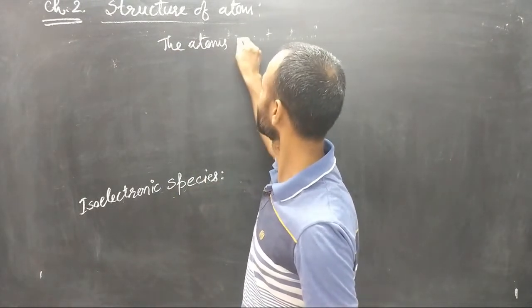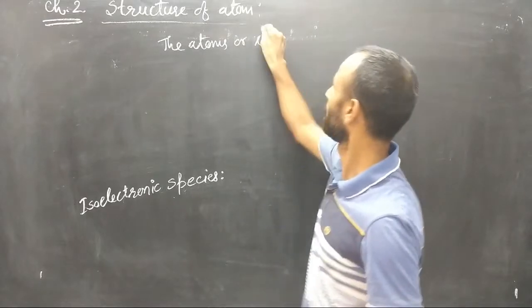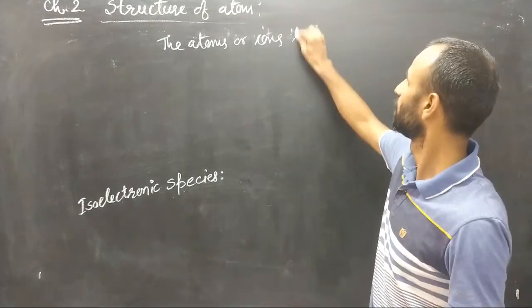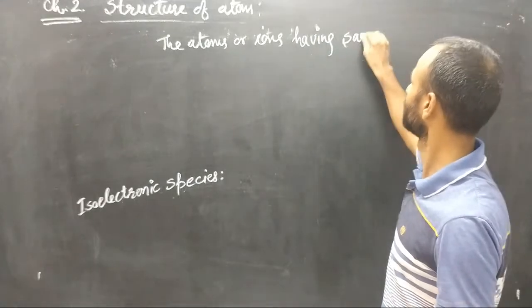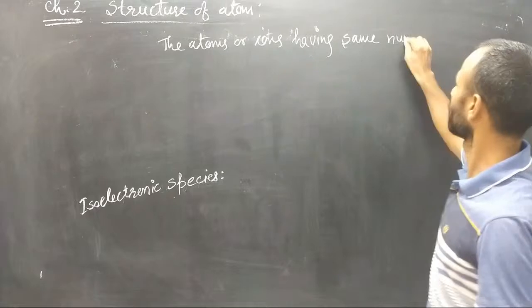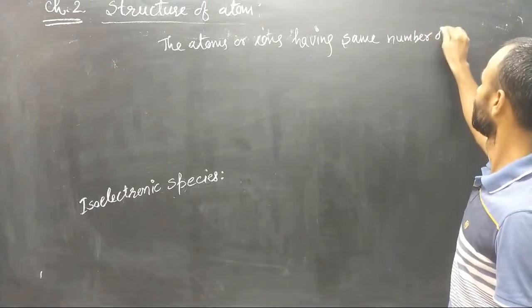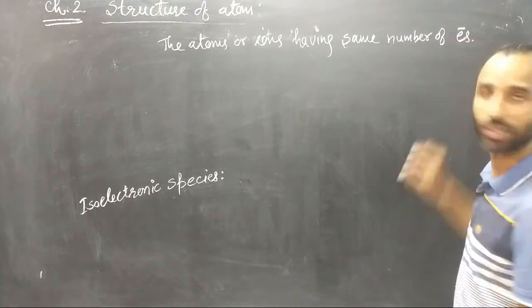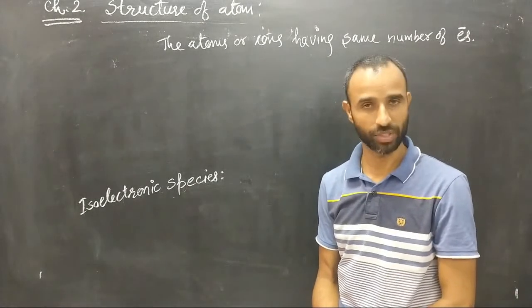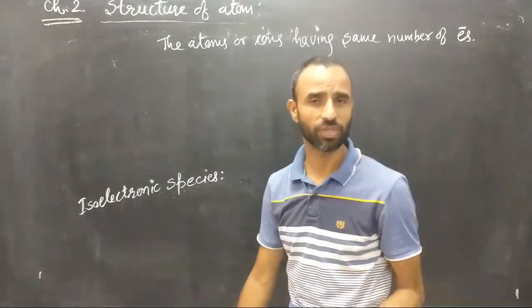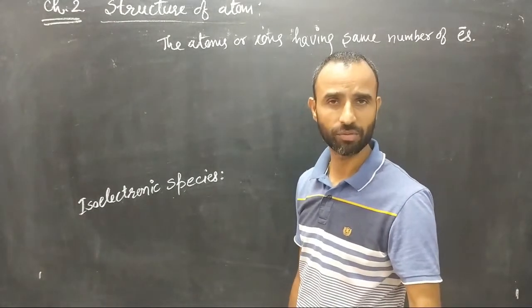The atoms or ions having the same number of electrons, those are called isoelectronic species. Either atoms, ions, groups of atoms, or molecules.